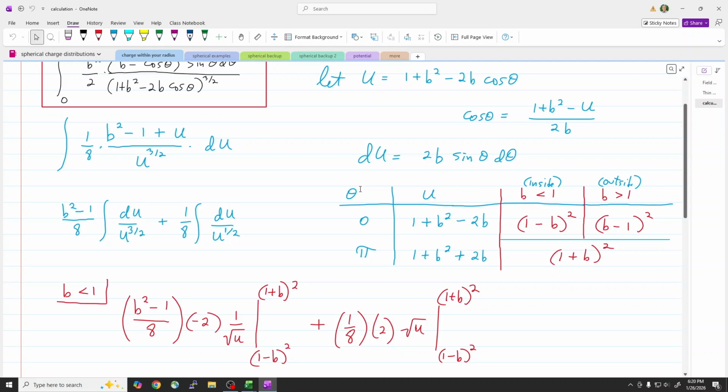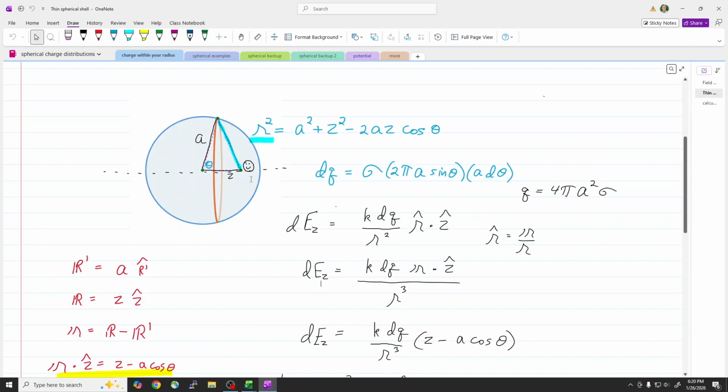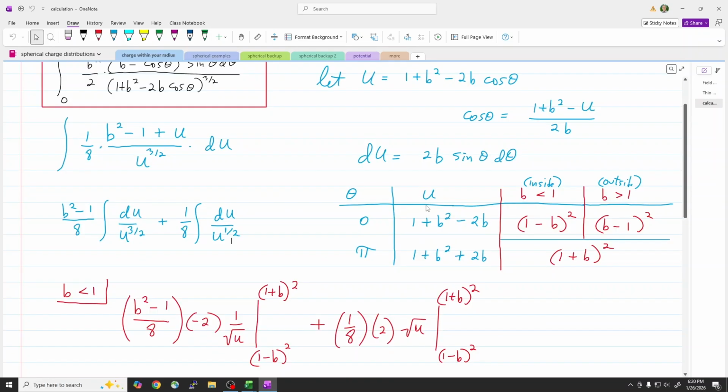This table shows how the limits of integration, where theta went from 0 to pi, in every possible ring where theta goes from 0 to pi, we get these limits on u.